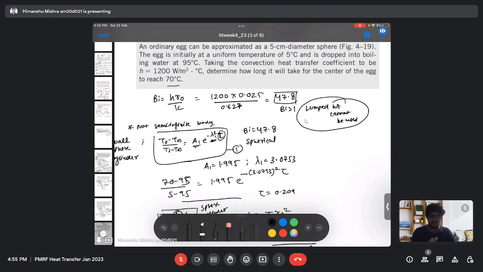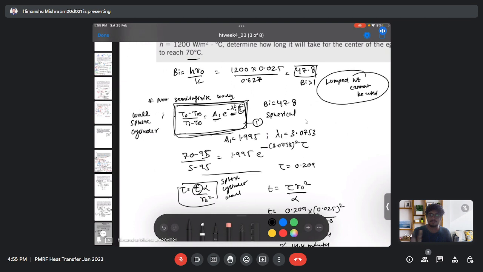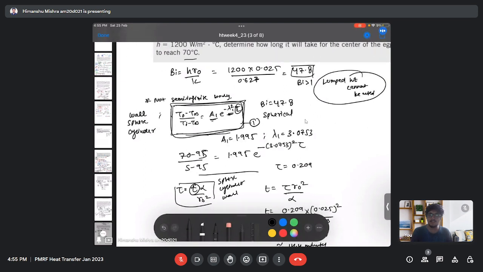We use the temperature variation for the general case, valid only for spherical, cylindrical, and rectangular geometry.